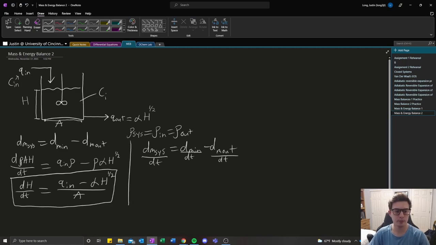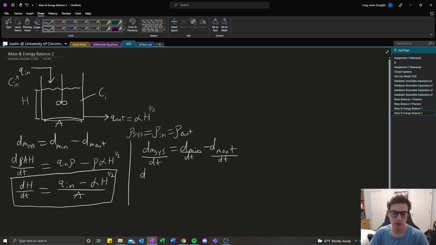So we know this. The next step is that we know the mass of the system is going to be equal to the height times the cross-sectional area times this initial concentration.